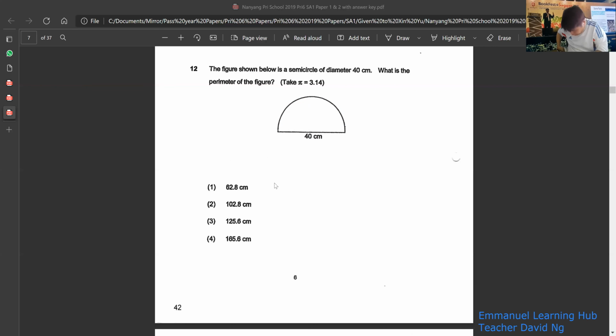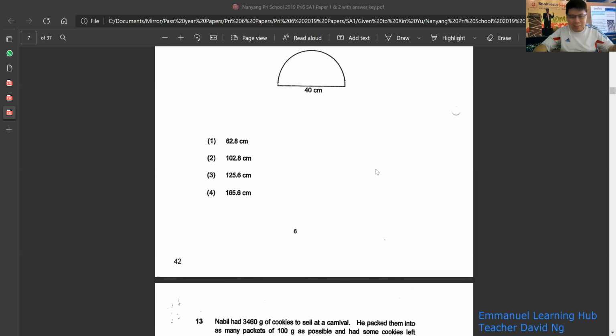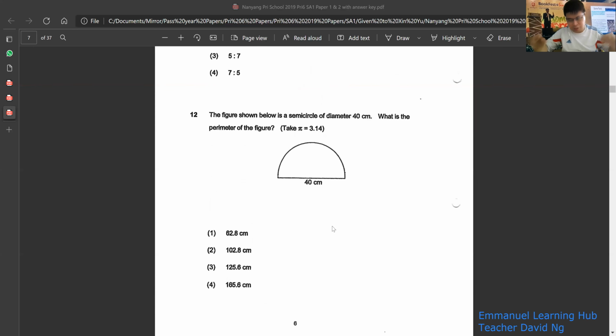Because Mr. Ng also made this kind of careless mistake in the past as a student. So I guess this kind of careless mistake is very rampant. But that doesn't mean it's good, because you want to be above the norm, right? An average student will make this kind of mistake. So you want to be above average. You have to make sure you don't make this kind of careless mistake.